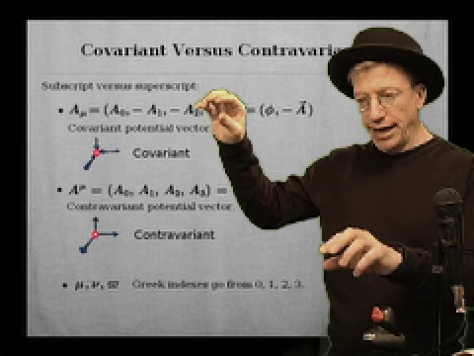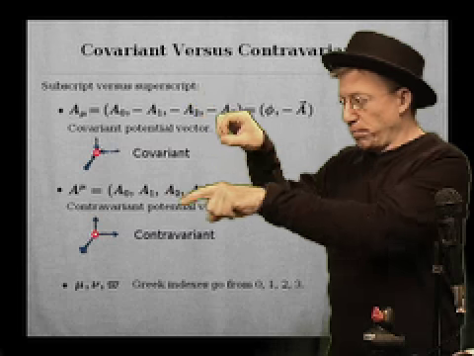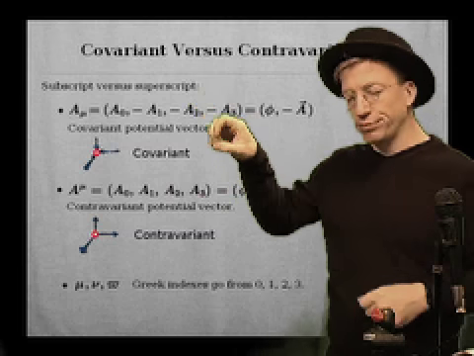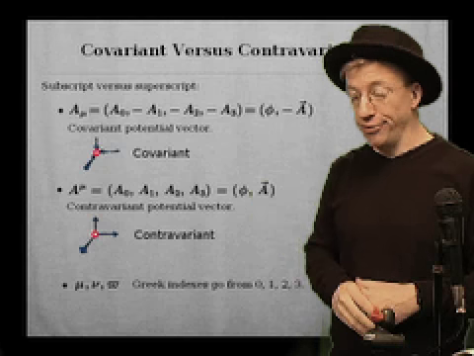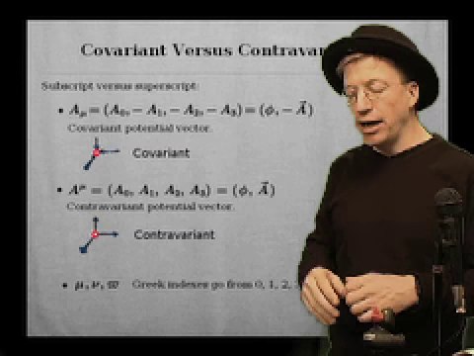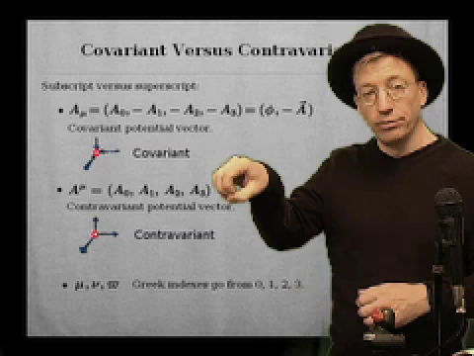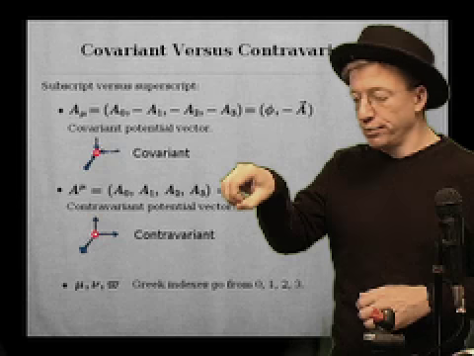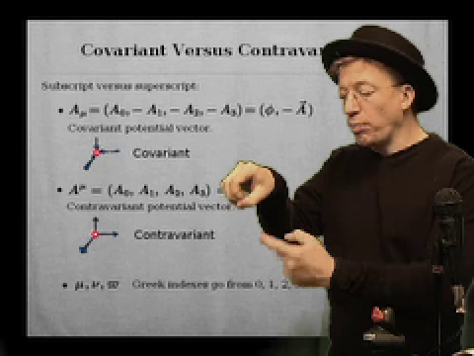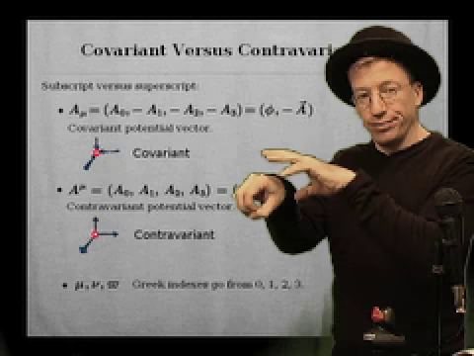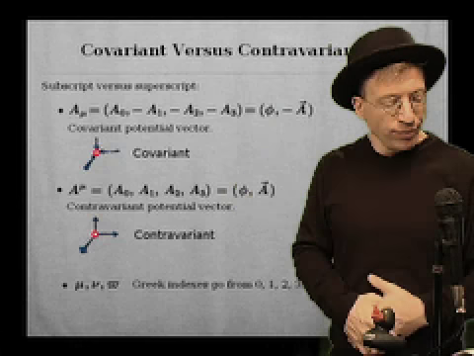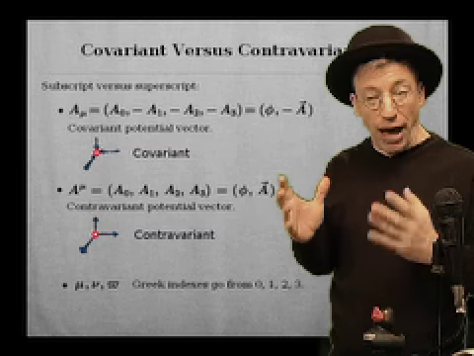And so I represent that as the donut with arrows pointing out of it. A covariant vector, it's got the same donut. Don't play with the donut. But the arrows are all pointing inwards. And those are all negative. Okay, and that's about it.